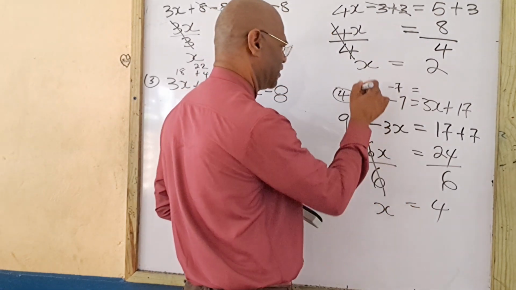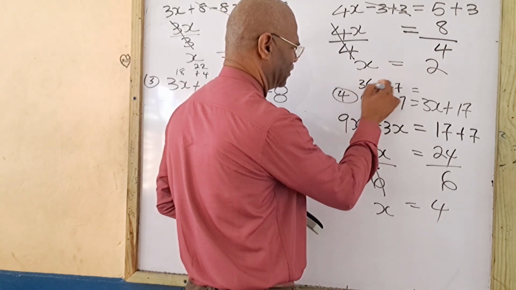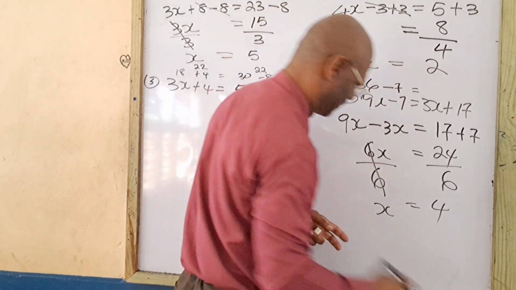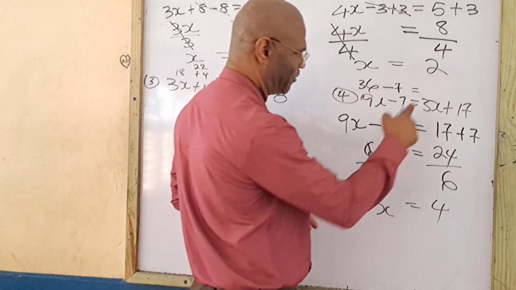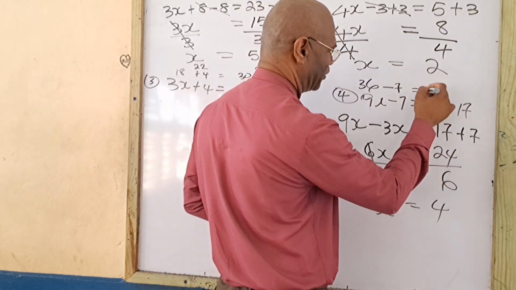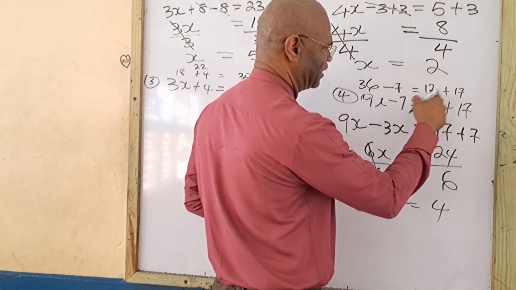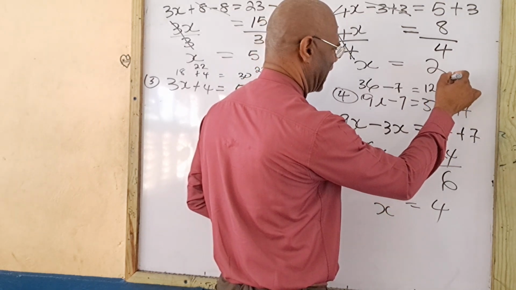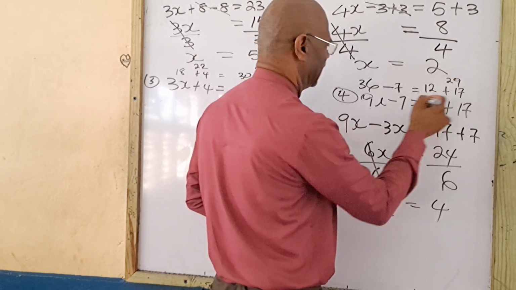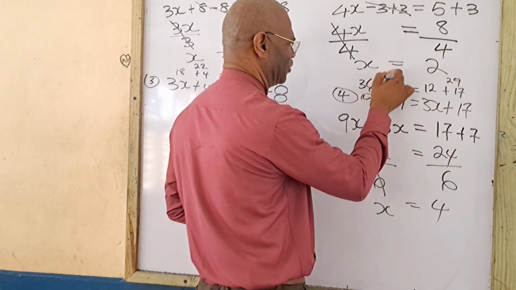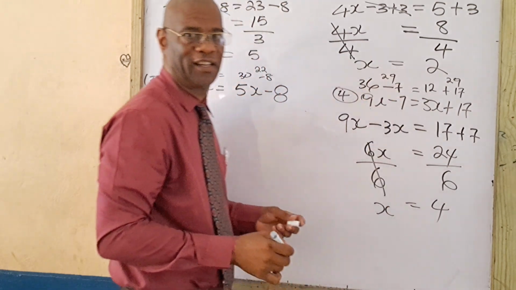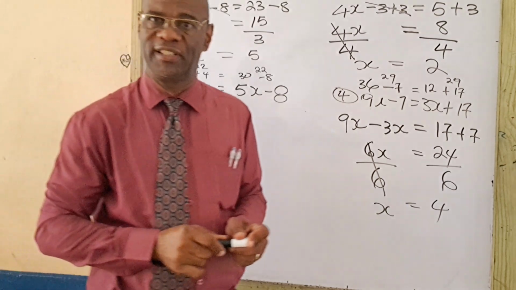Oh, I was right. 4 9s are 36. And then we have 3 times 4. 3 4s are 12, plus 17. So 12 plus 17 is 29. And 36 minus 7 is also 29. So there we have it.